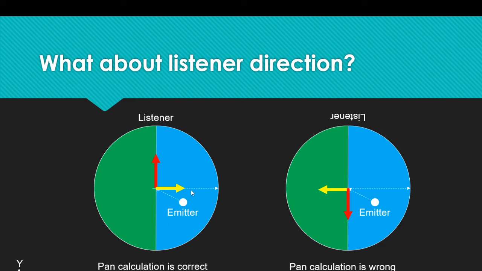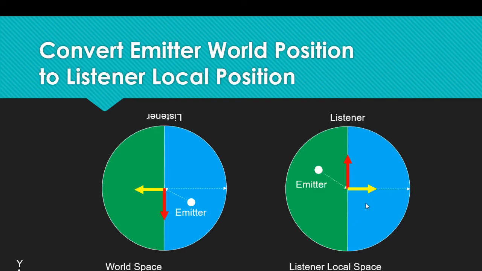So as we turn this listener round, or as we bring this listener back here, this emitter would have to go around with it to be in the correct space for us to make our calculation. Yeah, so essentially what we're wanting to do is convert the emitter world position into a listener local position.